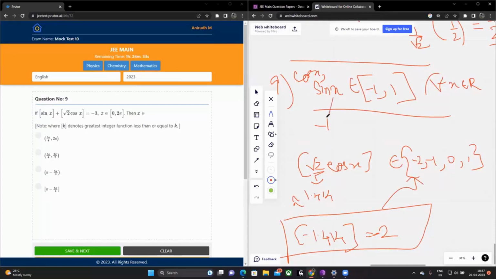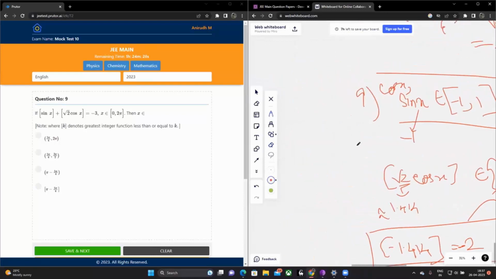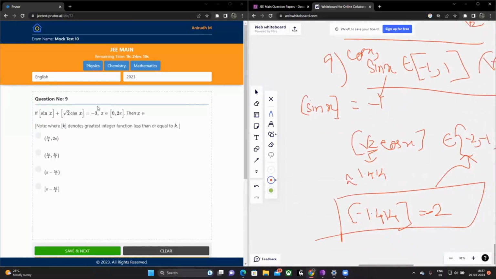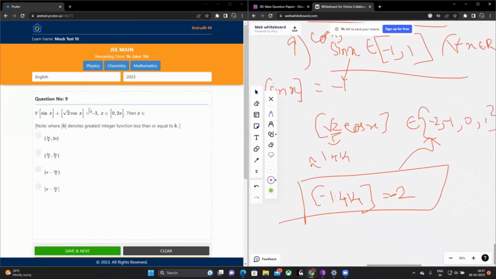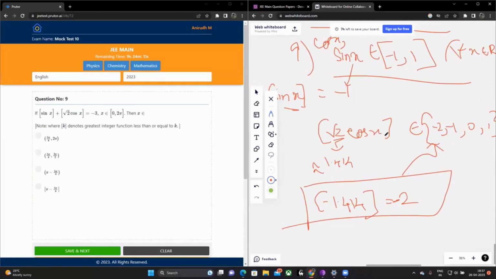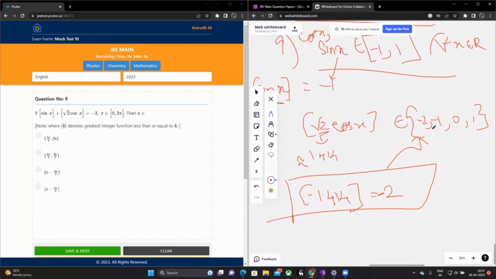The greatest integer of sin x can be at least -1, right? So you have that the addition of both equals -3, where the least value this can take is -1, the least value this can take is -2, right? And -1 plus -2 only equals -3.